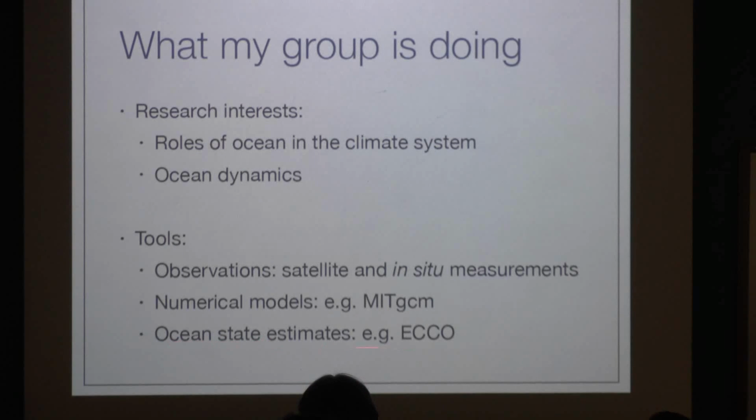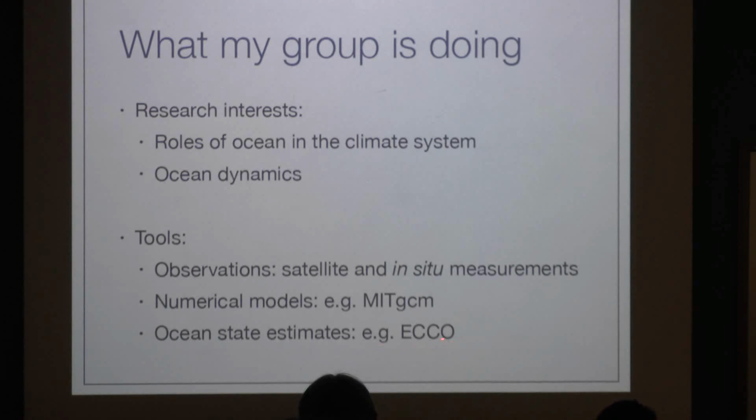Another major tool I'm using now is the ocean state estimate, particularly a product called ECCO. Here, ECCO stands for Estimating the Circulation and Climate of the Ocean. The ocean state estimate is basically a combination of two different things.